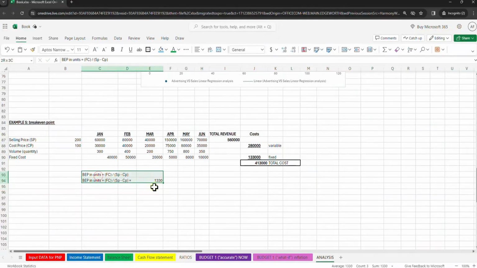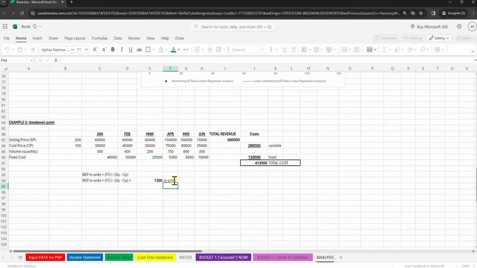Okay, so that would be the break-even point in units. And then in rand value, or sales revenue, we would take the units and we would multiply that by the selling price.